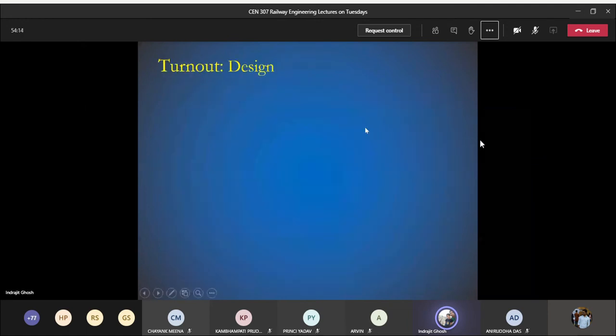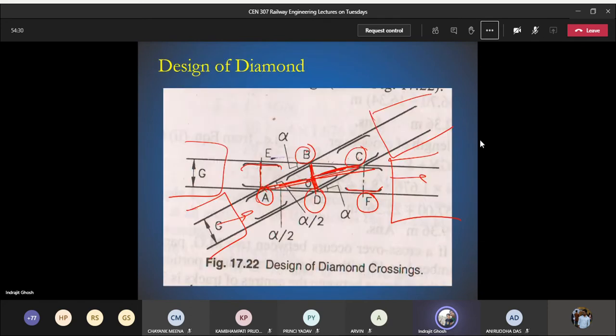Let me write down on this page. So what we can say, AB is equal to BC is equal to CD is equal to DA. So let us start with where the point E or F lies.